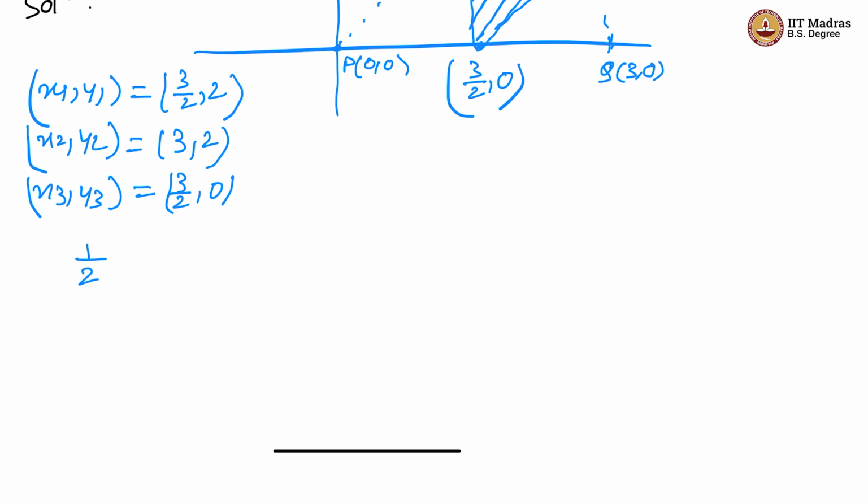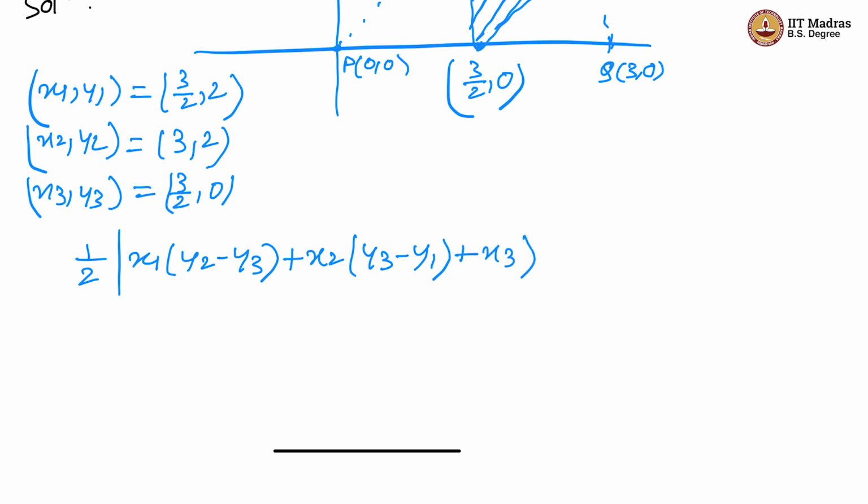So we know the formula was x1(y2 minus y3) plus x2(y3 minus y1) plus x3(y1 minus y2). So we can now put the values here.